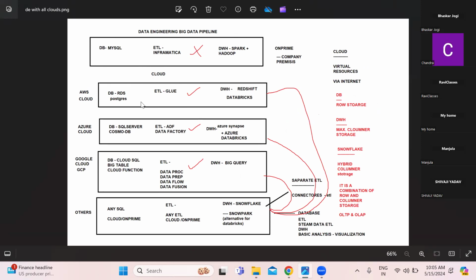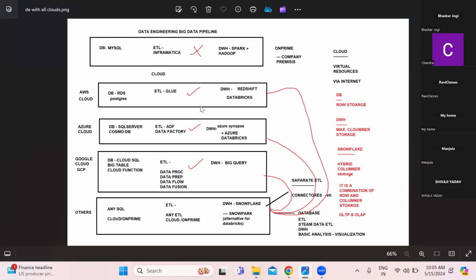Coming to the clouds, like the AWS cloud. In databases, call it RDS, relational database systems, Postgres, SQL; these all are SQL databases. Coming to ETL, Glue; coming to the data warehouse, Redshift, and you can use Databricks or PySpark.